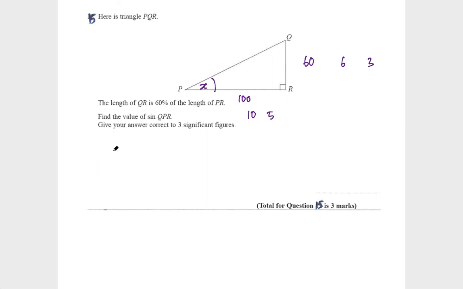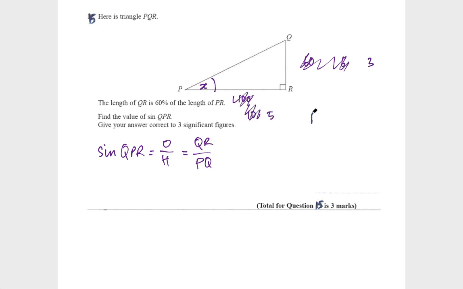I then sine QPR is opposite over hypotenuse. I don't have the hypotenuse yet. Opposite is QR over PQ. So I need to find PQ. I'm going to choose these as my easiest numbers, 3 and 5.